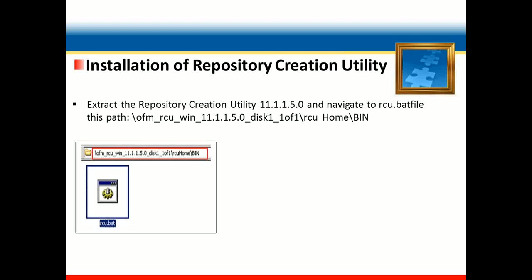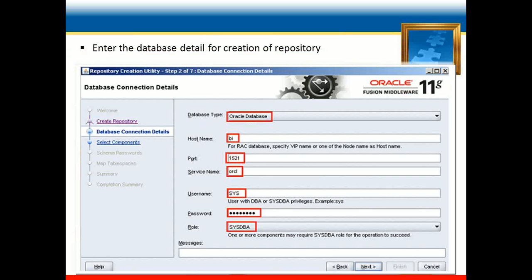We just have to double click this rcu.bat, and we can start the installation of repository creation utility. The repository creation utility is mainly used to create the repository schemas that are required for the OBIEE installation and configuration. We can create our schemas with the help of this utility.